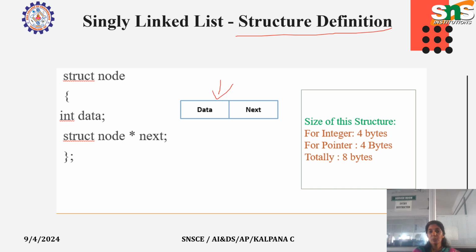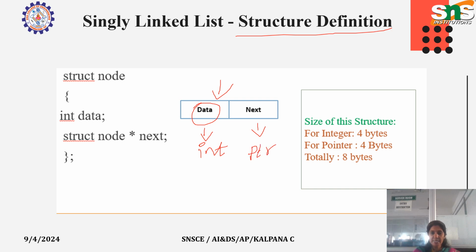Just consider this is my node. As I told you, a node contains data. It may be of integer, float, or character or anything else. Let's consider this is an integer data type, and obviously your next field contains the address of the next data item. This address is nothing but a pointer variable, correct?